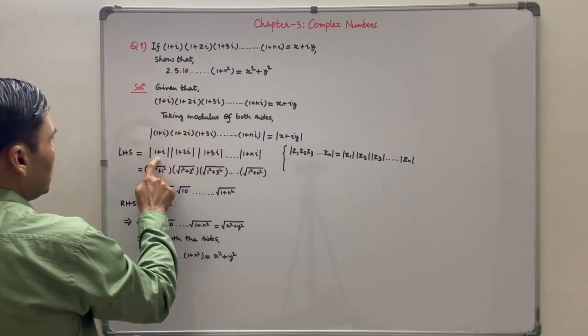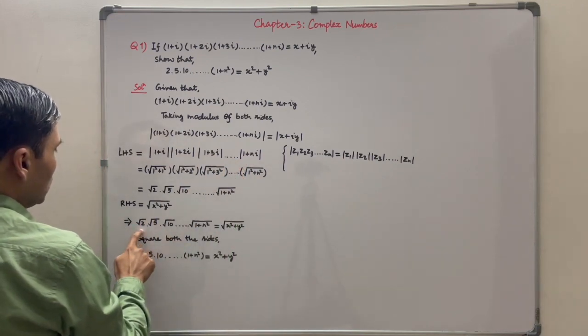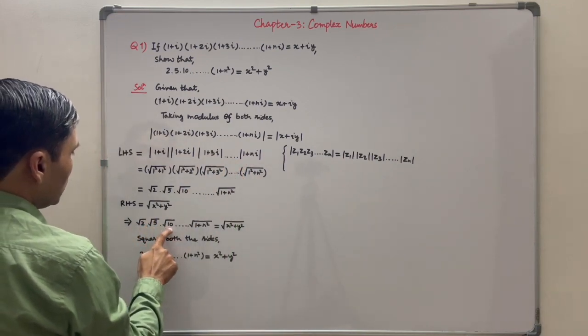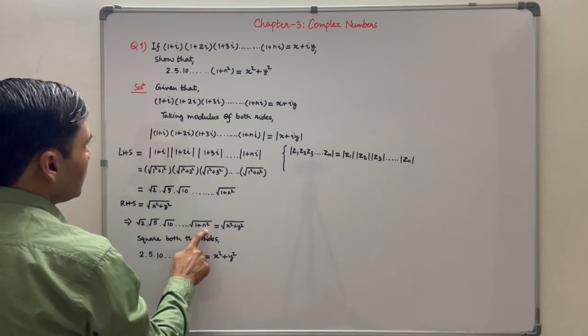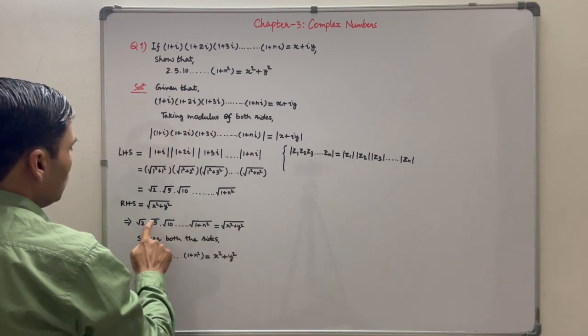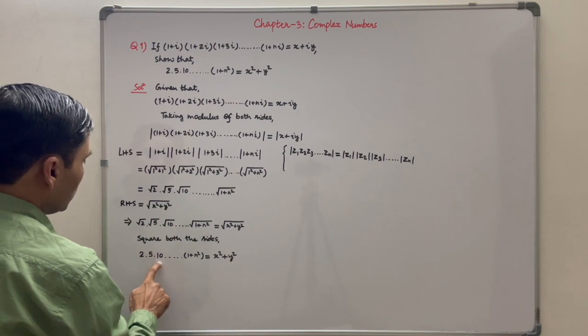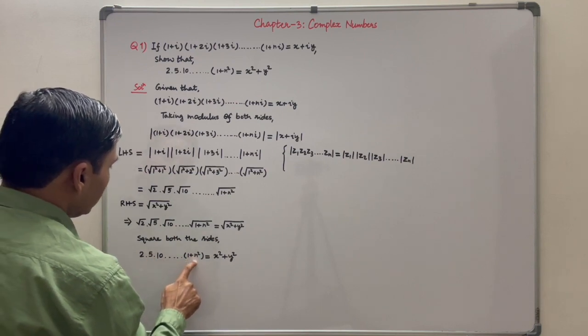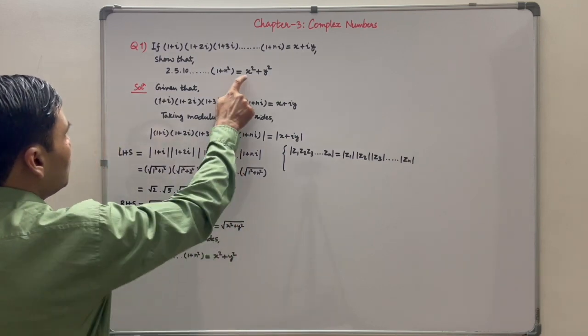We will take modulus of individual complex numbers. So LHS will be under root 2 into under root 5 into under root 10 and so on up to under root (1 plus n square). Modulus of right hand side will be under root x square plus y square. Now we will square both the sides. So it will be 2 into 5 into 10 and so on up to (1 plus n square) is equal to x square plus y square, which we had to prove.